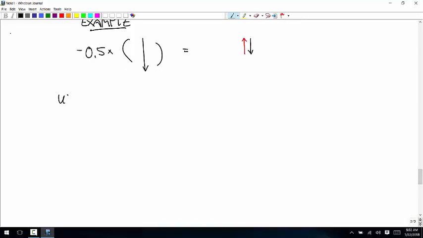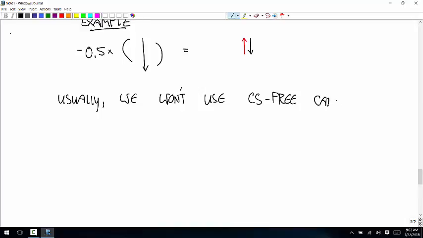So now usually we're not going to use this coordinate system free. We'll choose a coordinate system and then do operations using vector components.